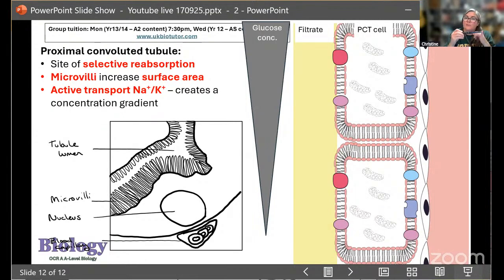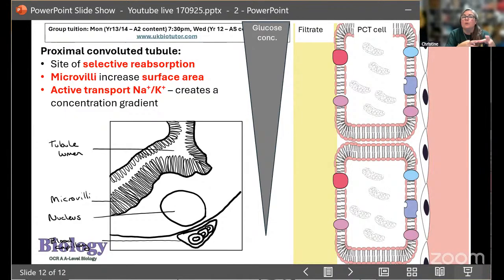So the phospholipid bilayer: we've got our phospholipids, we've got our phosphate heads on the outside, which are hydrophilic. We have our hydrophobic tails on the inside, creating a layer. We therefore have a hydrophobic region where substances cannot move across if they are polar or charged or too large.